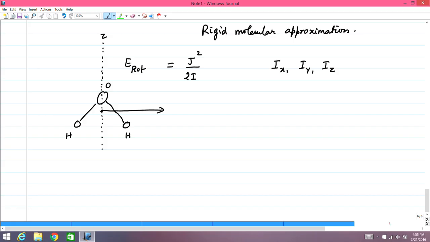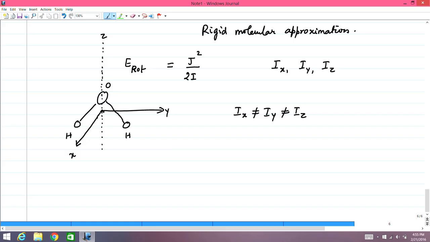So, which we normally write like that. So, if these are the 3 axes x, y and z, and if the moments of inertia are calculated about these 3 different axes, you would see that Ix is not the same as Iy and is also different from Iz.